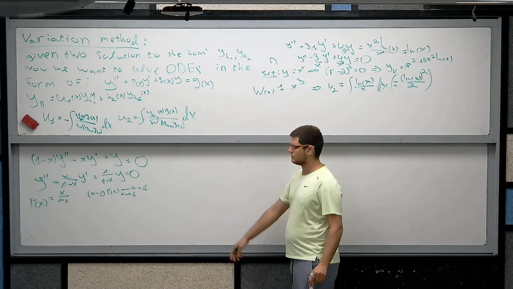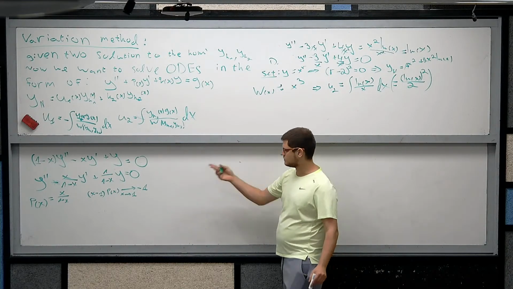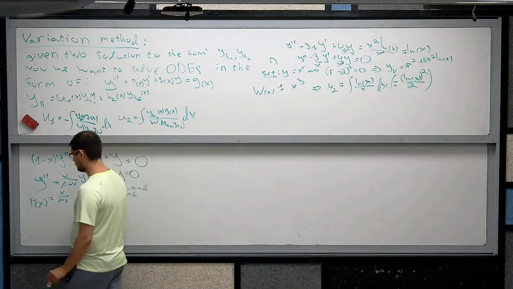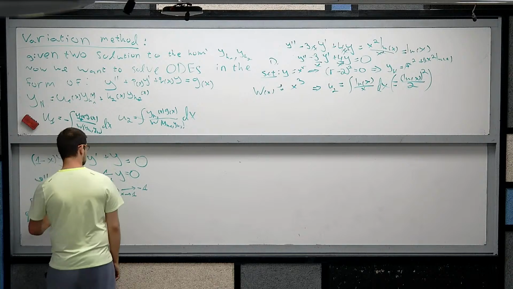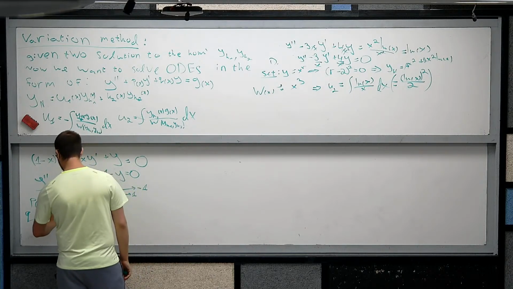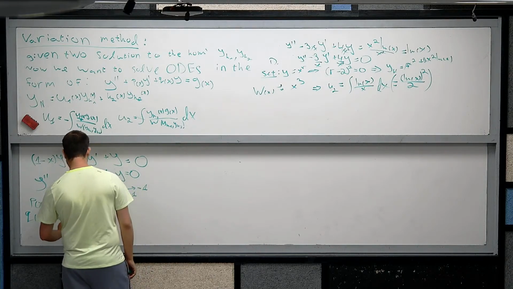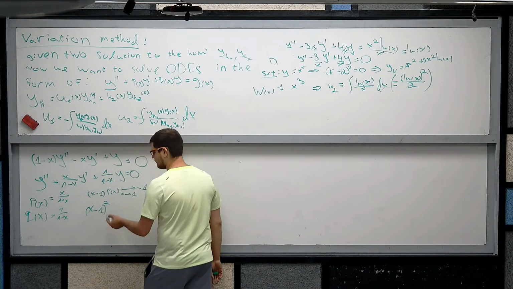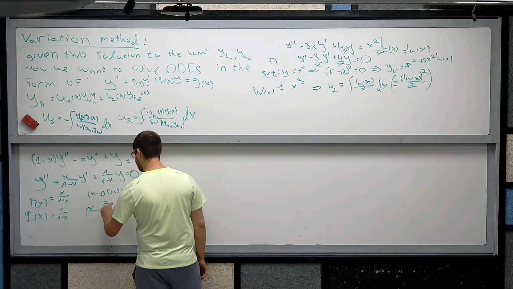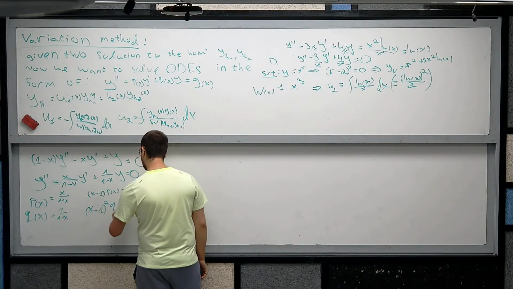Because then it will be minus x, and x is approaching 1, so therefore it will be minus 1. Now we have Q of x. It's just 1 over 1 minus x. Doing this, but now with x minus 1 squared, it will go to 0.